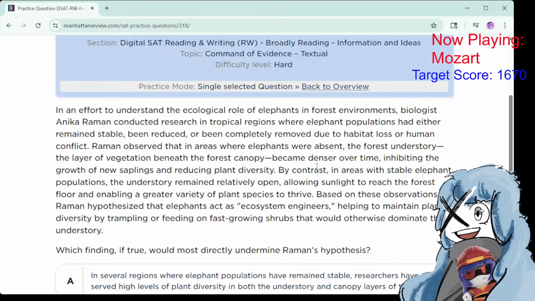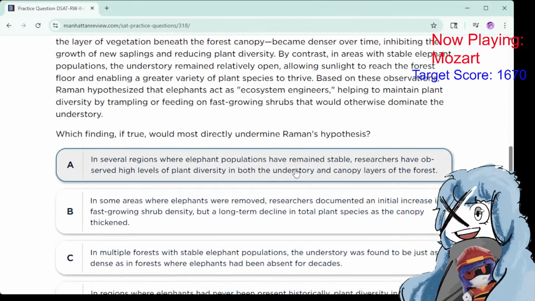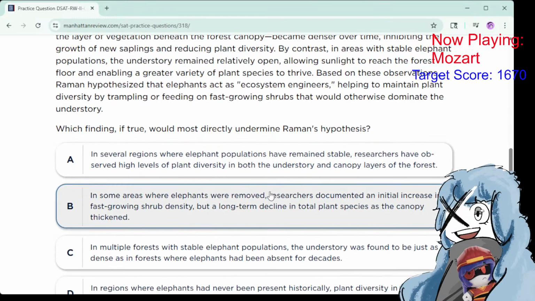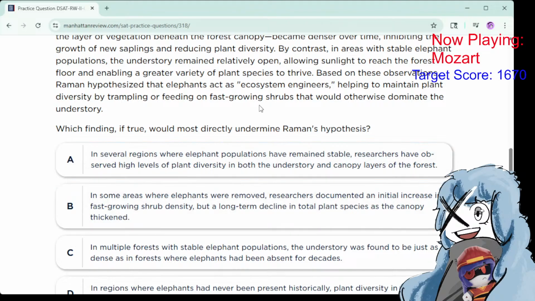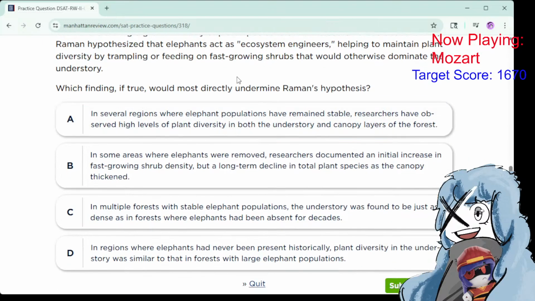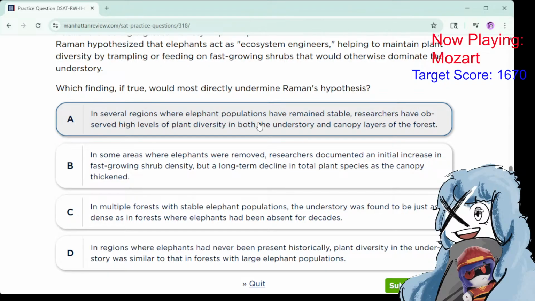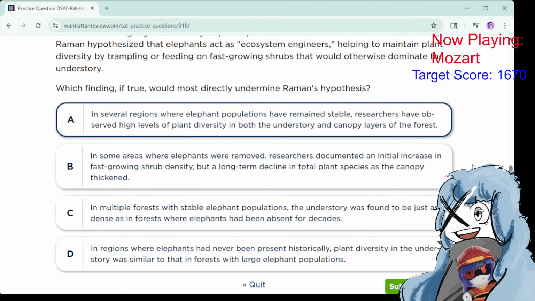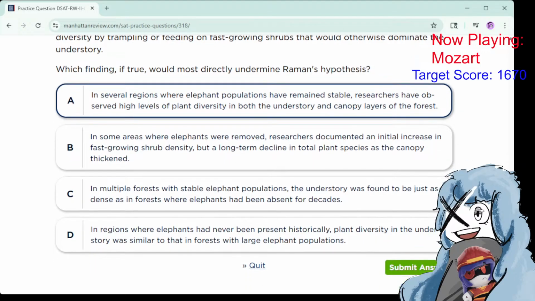So anything that contradicts that, I guess. In several regions where elephant populations have remained stable, researchers observed high levels of plant diversity in both understory and canopy regions.